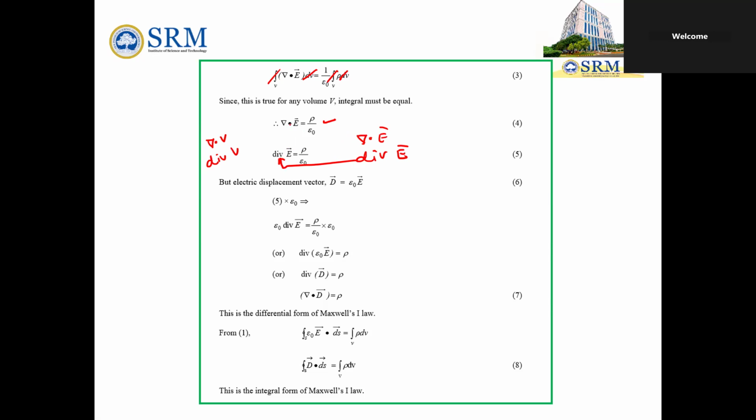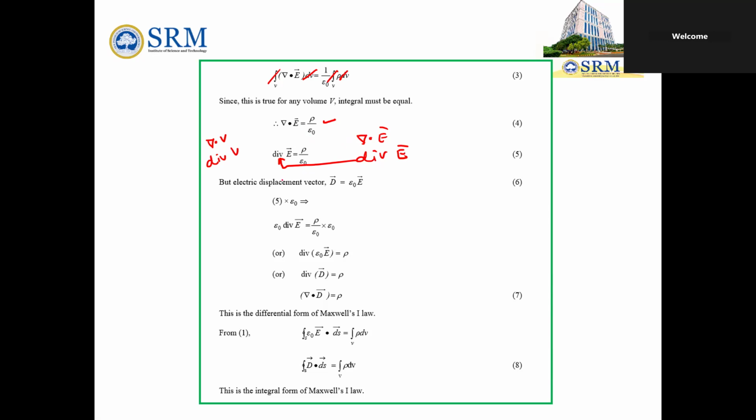Whenever we use del, it is a mathematical operator, nabla. Del is a vector operator. Del cross is curl. Del dot means divergence, and del cross means curl.